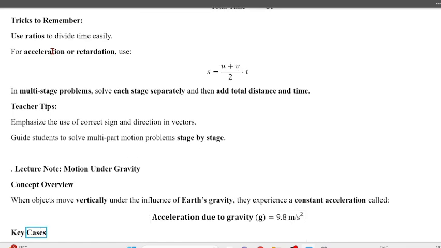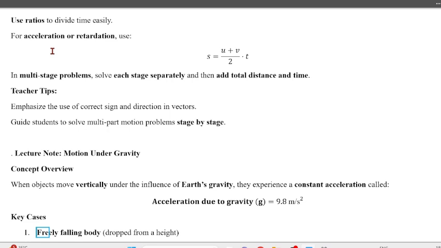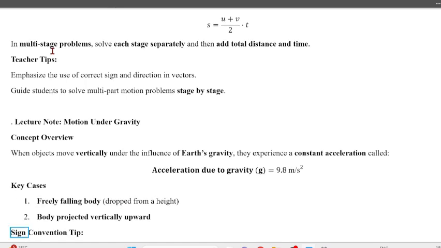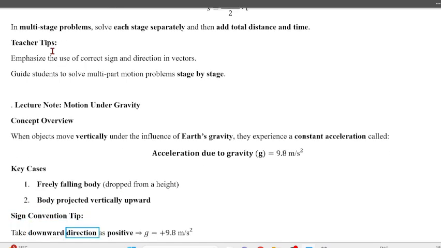Key cases: 1. Freely falling body dropped from a height. 2. Body projected vertically upward. Sign convention tip: take downward direction as positive, g equals plus 9.8 m/s².